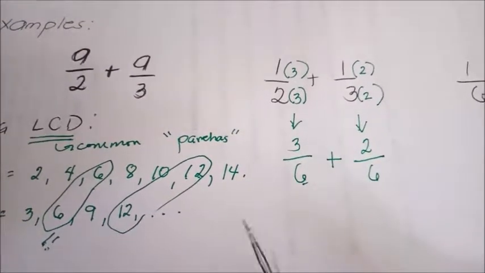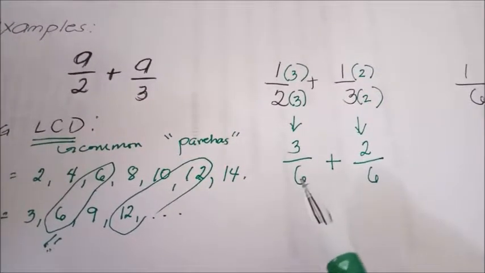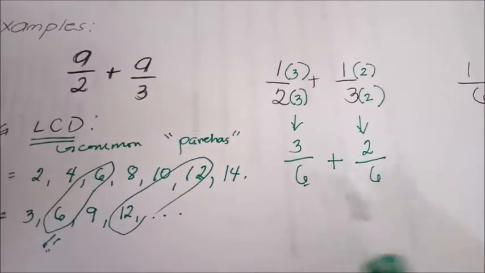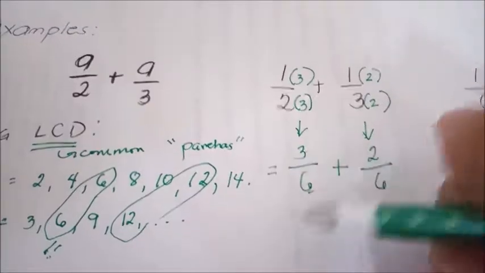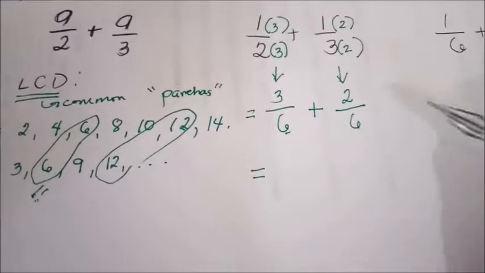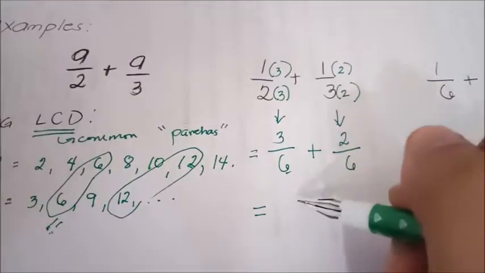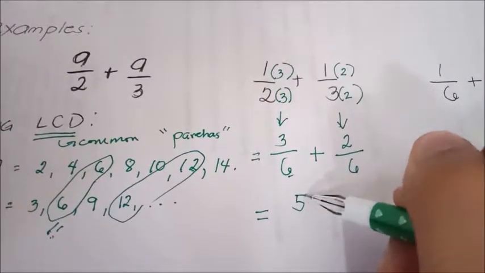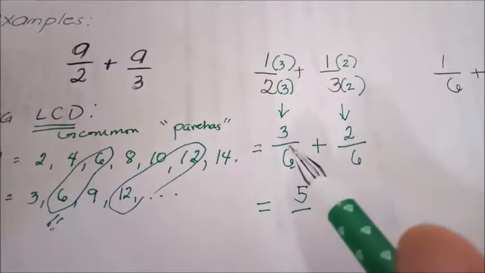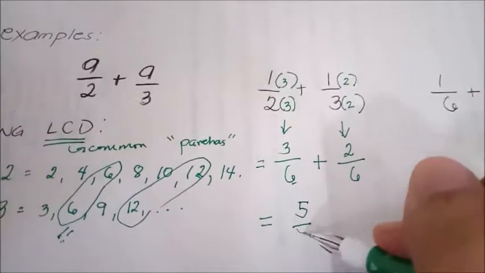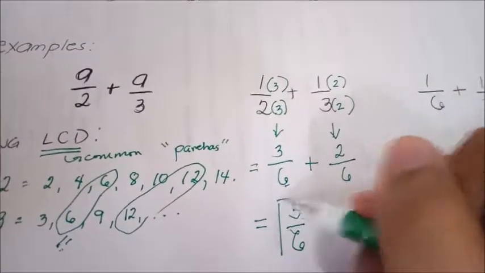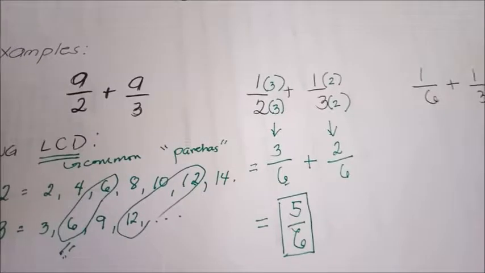Yun din ang magiging purpose ng LCM natin or LCD. Siya na yung parehas nating denominators na siyang kokopyahin na lang natin for our final answer. So, we have 3 plus 2. Syempre, that one is 5. And then, we are not to add 6 plus 6. Okay? We will just bring down 6. And this will be your final answer.